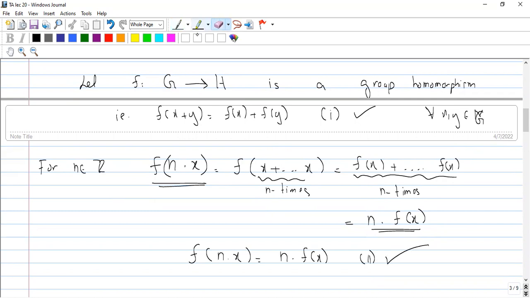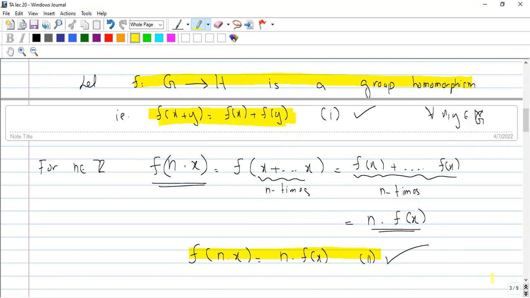So what we proved is that whenever I take a group homomorphism, condition number 1 holds automatically, and condition number 2 also holds. So this group homomorphism is also a Z module homomorphism.